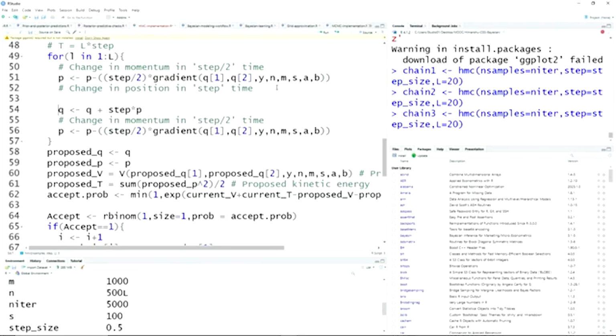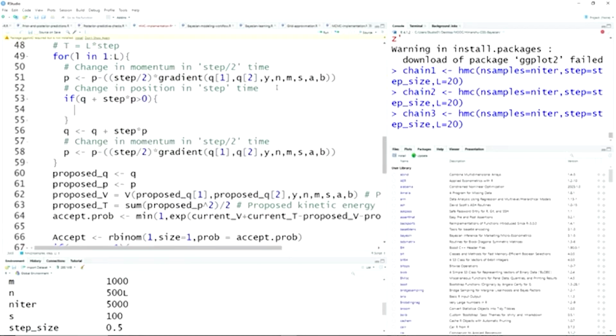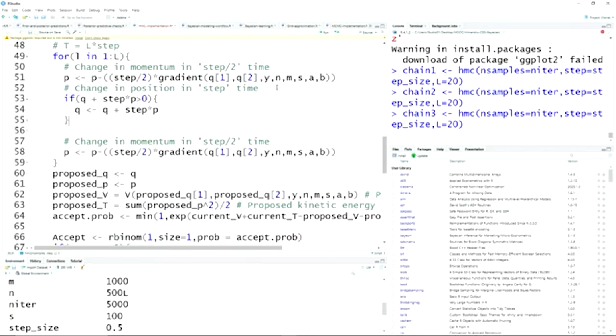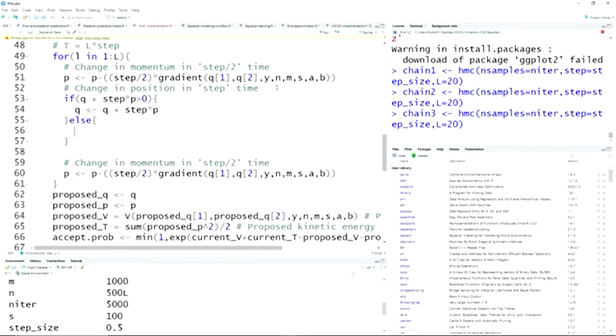What we can do is this: if Q plus step times P is greater than 0, only then you do this update. There could be a better way, but this is just a patchwork for now.